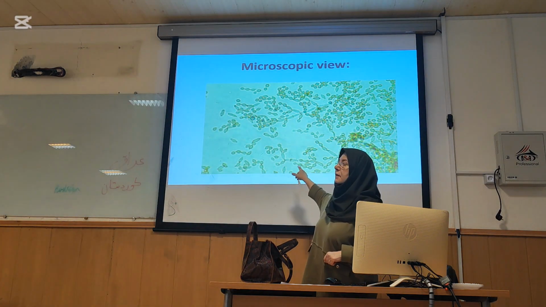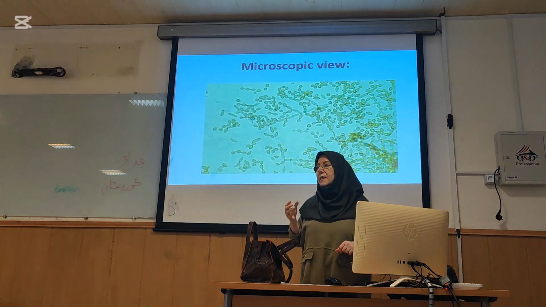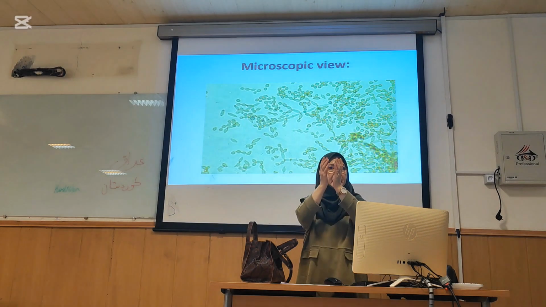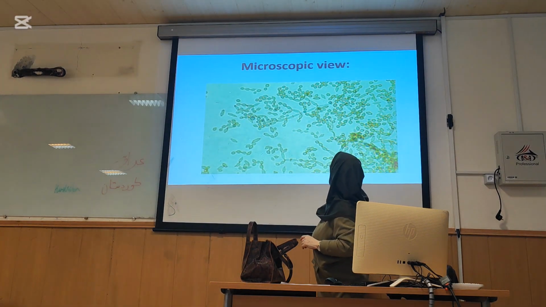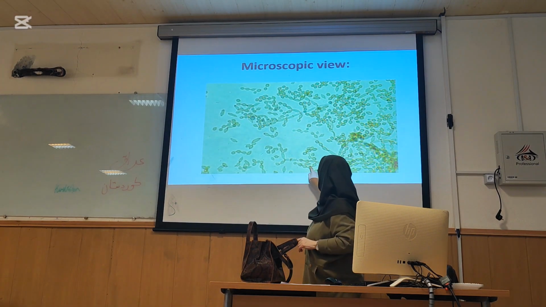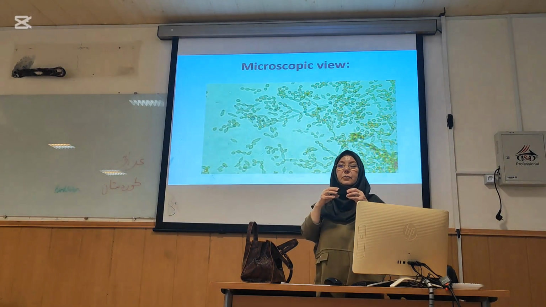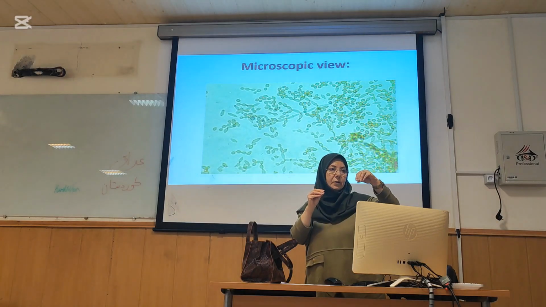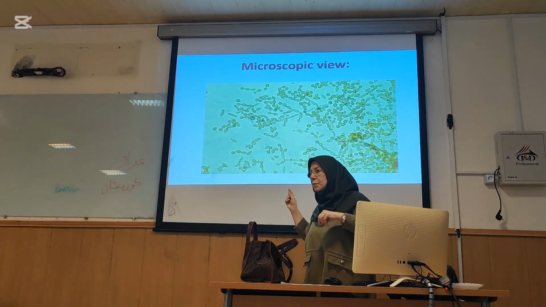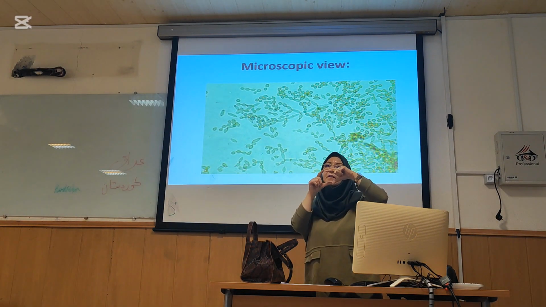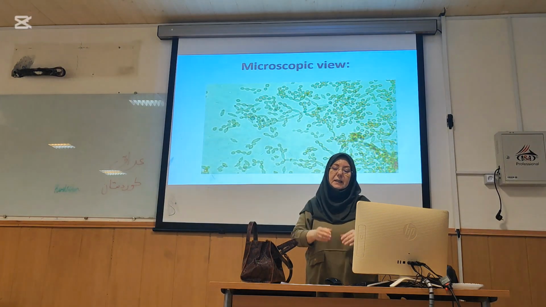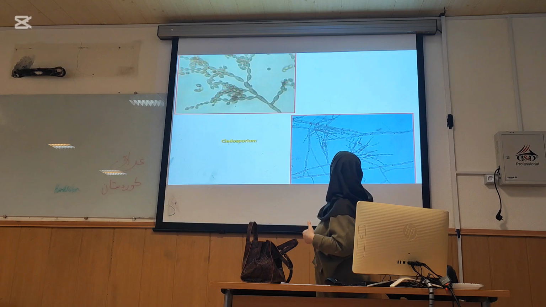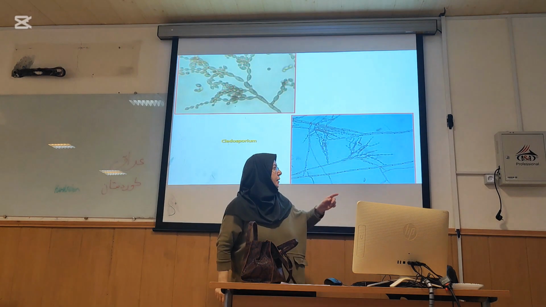As you see in this picture, under the microscope you see the view of a branching tree. The conidia in Cladosporium are very similar to the leaf of a tree, and this fungus is very similar to a branching tree, like this figure.